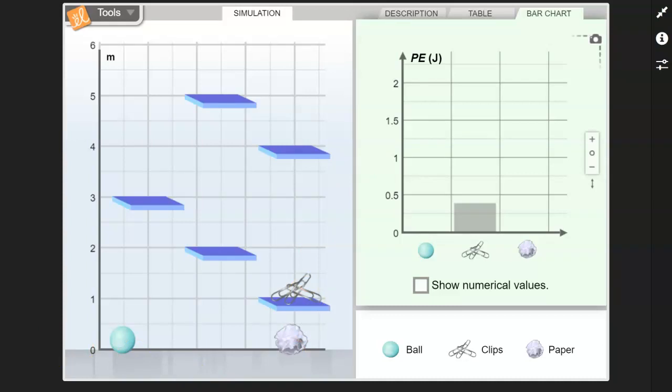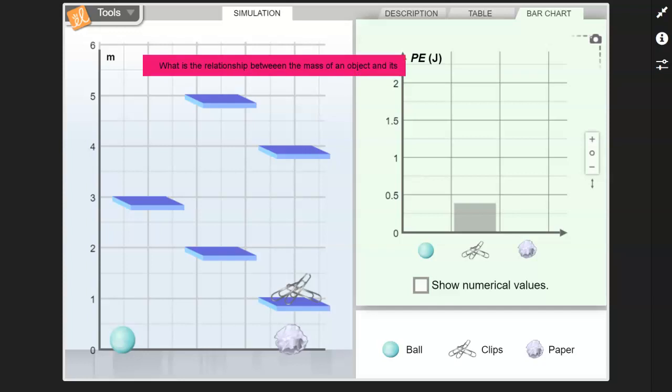The scientific question we will explore will be related to gravitational potential energy. Here's the scientific question: What is the relationship between the mass of an object and its gravitational potential energy?